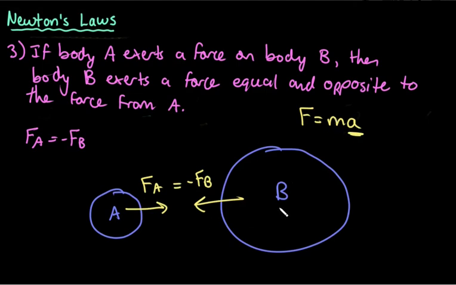Since the mass is different, the forces are the same, your acceleration is also going to have to be different. So black hole A is going to accelerate faster towards black hole B than black hole B is going to accelerate towards A. I hope that that wasn't too confusing, but just know that even though there's different masses, there are different sizes, they still exert the same force on each other. Just one is going to be negative.